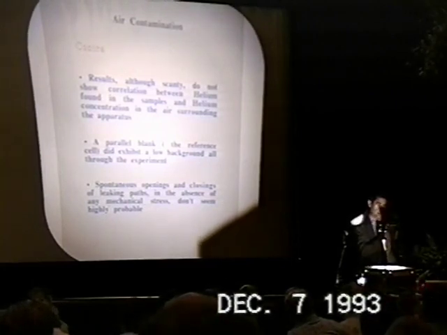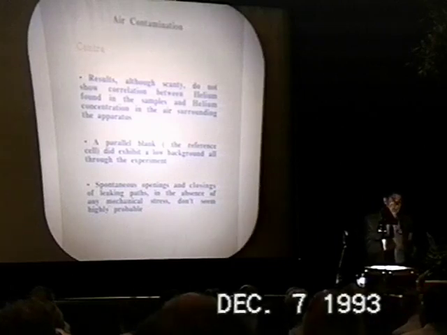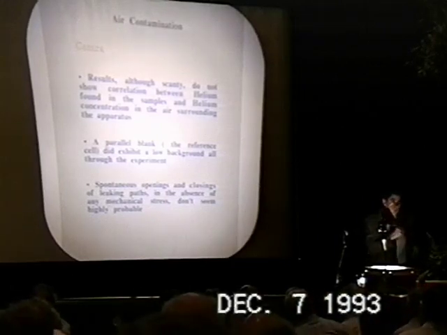We do have, for all the experiments, a parallel one which does not show any deviation from the raw background. And let me say also that, as for myself, spontaneous openings and closings of the helium tanks in the absence of any mechanical steps don't seem really my problem. We were very careful not even to touch the apparatus before the particular manipulation, until we were at 900 hours.